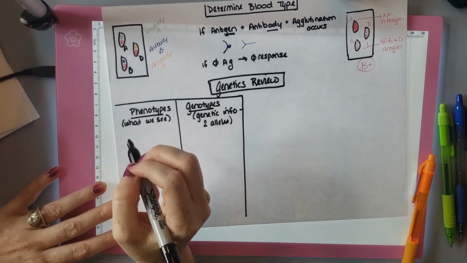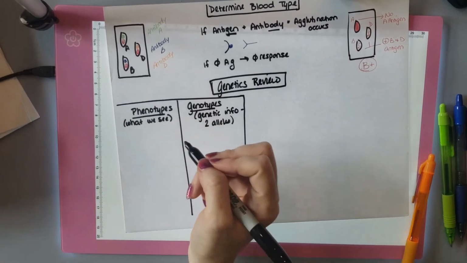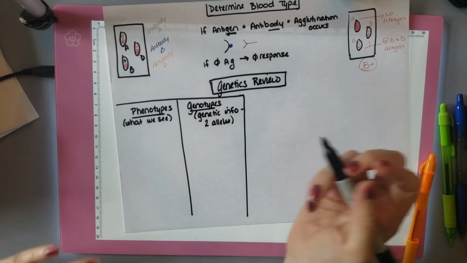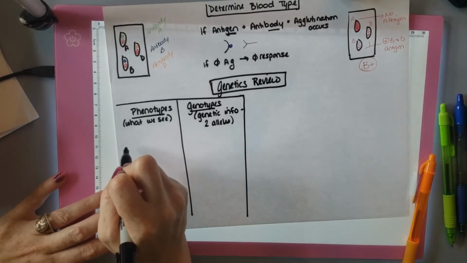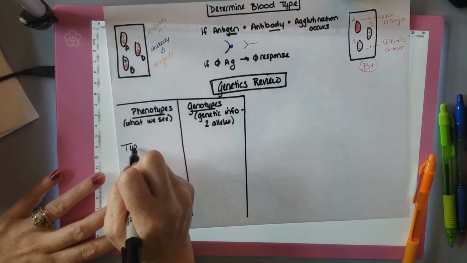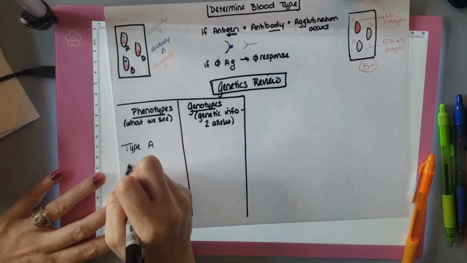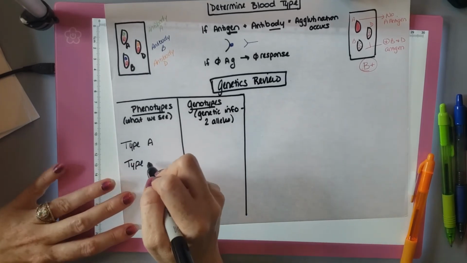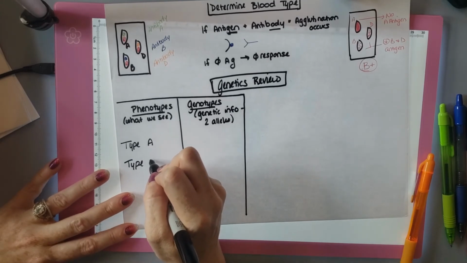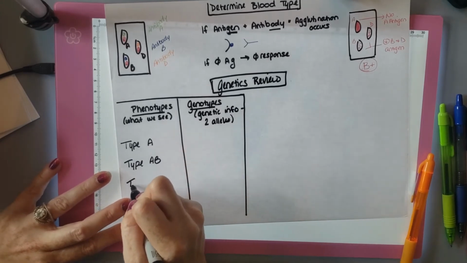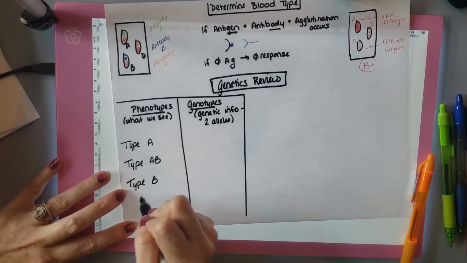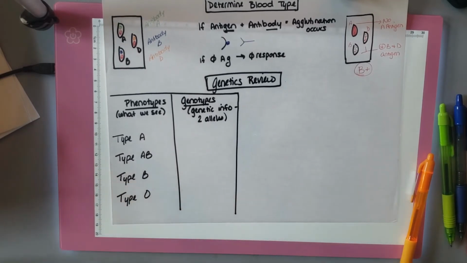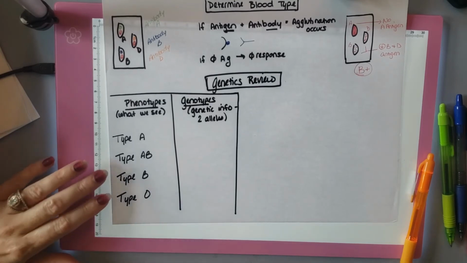All right. So for phenotype, we know that they can be type A, type B, type AB, or type O. Those are the phenotypes for blood types. Technically it would be positive or negative, but we're not going to go there with that. Now we get one allele from mom and one from dad.